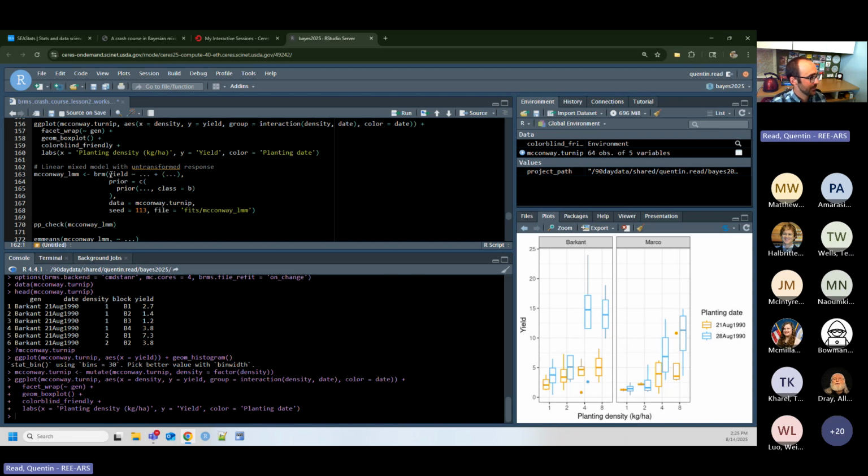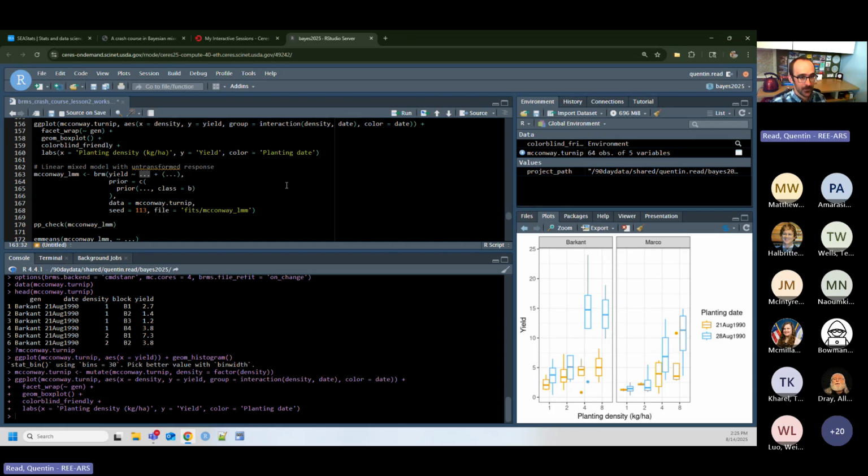So what we're going to do is, here's our BRM, our model syntax. It's going to be yield is our response variable, right? So that is on the left-hand side of the formula, followed by a tilde. Then we have our fixed effects plus our random effects. So we're just doing a linear mixed model. We're not doing a generalized linear mixed model yet, because we're still assuming normal error.